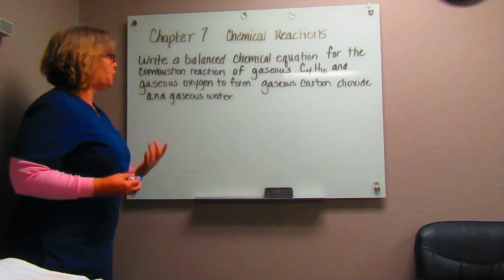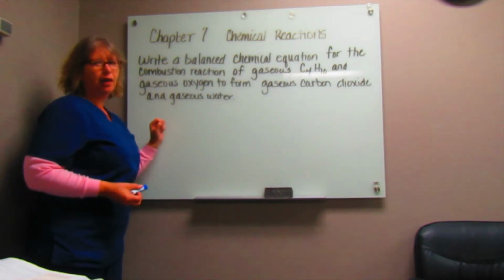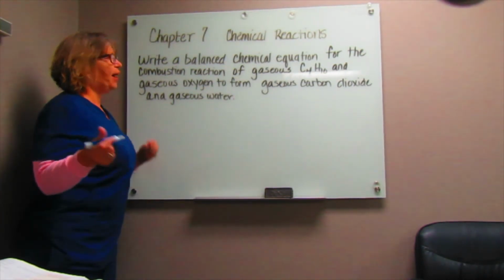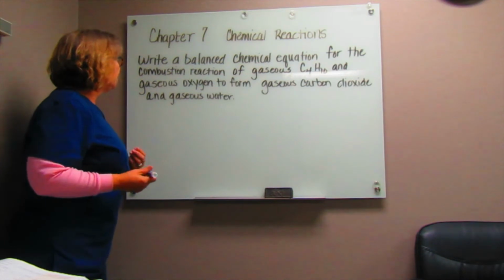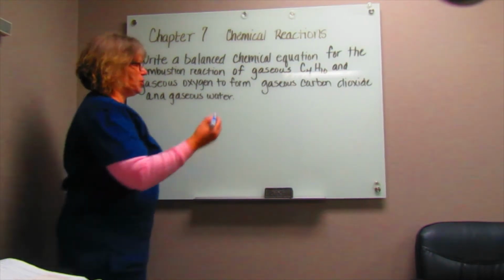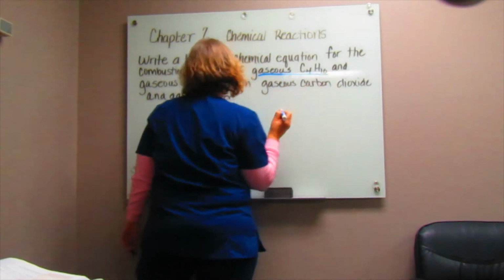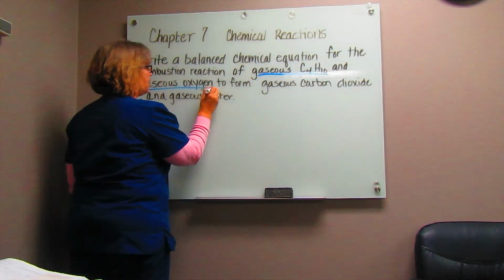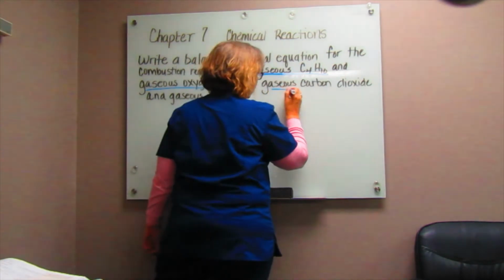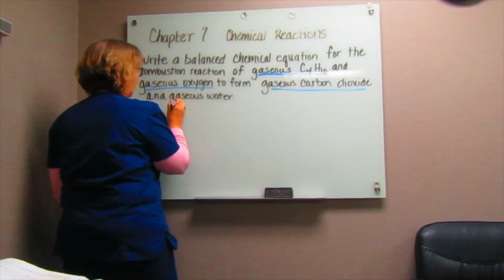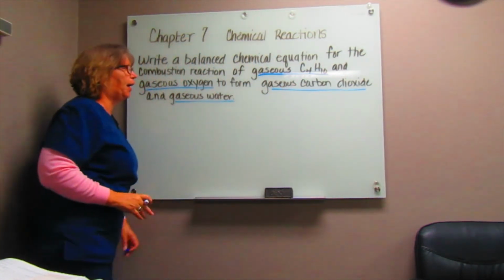The first thing that you have to do when you're given a written equation like this is to identify your elements, right? So the best thing for you to do is to just underline. So we have a gaseous C4H10, a gaseous oxygen, a gaseous carbon dioxide, and a gaseous water, okay?